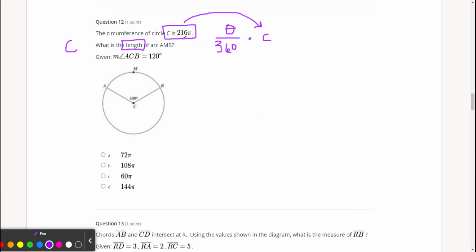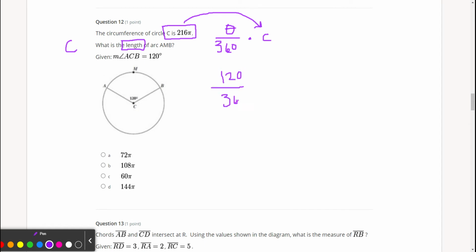You don't even have to find R. You can find R and then put it back in, and hopefully you'll confirm that it's still 216 pi. But remember, this formula is just the circumference in the area. Normally they give you the radius or the diameter, so you have to do something to it. But if they just give you circumference, that's a gift.